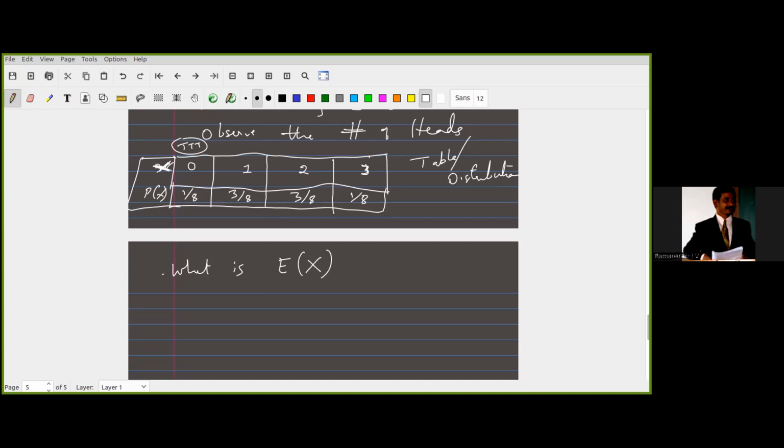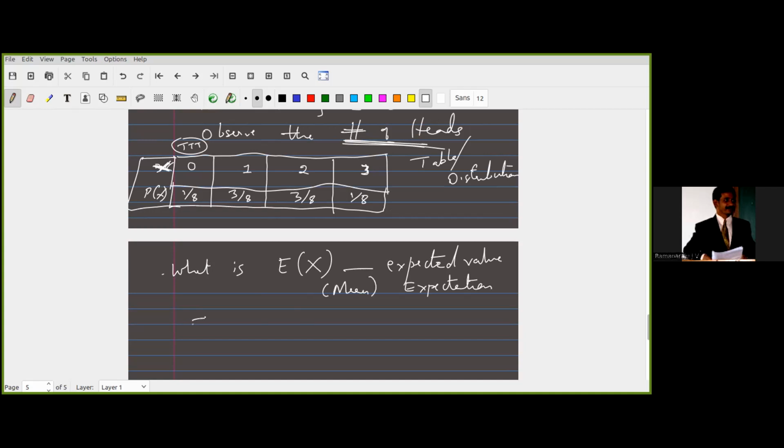That is, for this random variable of observing the number of heads, what is the expected value? So please look into these definitions. By the end of this lecture, I'll also give you the reference. Expected value of the random variable, also called expectation, is sometimes also called mean.